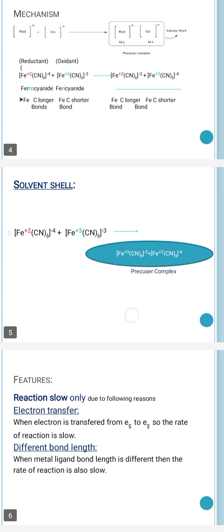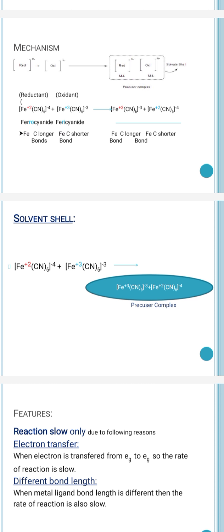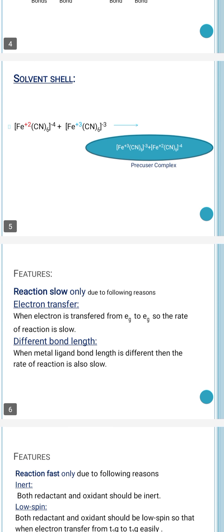Solvent shell. As we discussed above, how the precursor complex is formed, which is also known as solvent shell. When these two complexes combine or come close to each other, the complex which is formed is known as the precursor complex.